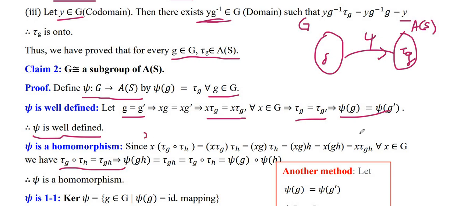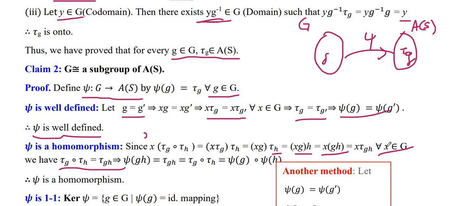What is x? x is any member in G. So we have x, the image of x under tau G composition tau H. By the definition of composition of mappings, you have x tau G of tau H, and this is xG tau H, and this again, when we apply tau H, gives us this, and by associativity we have this, and this is nothing but the image of x under tau GH.